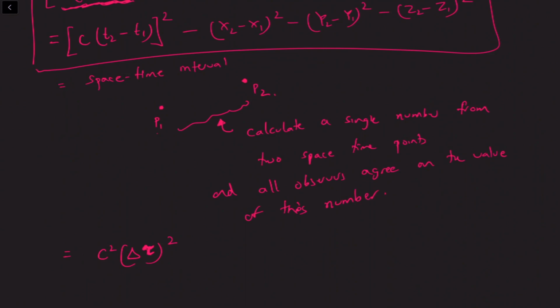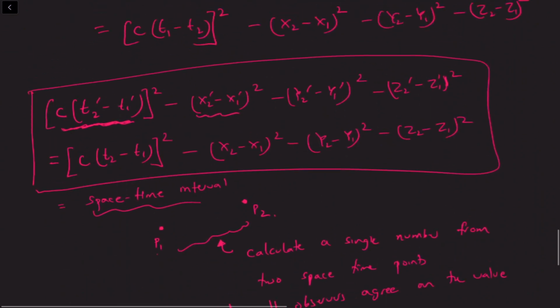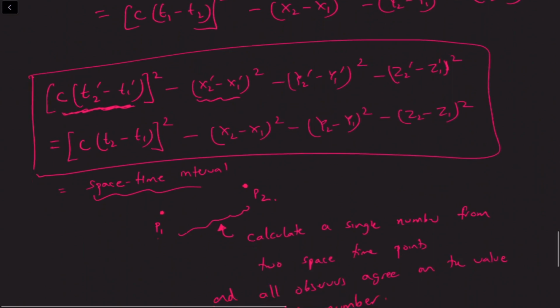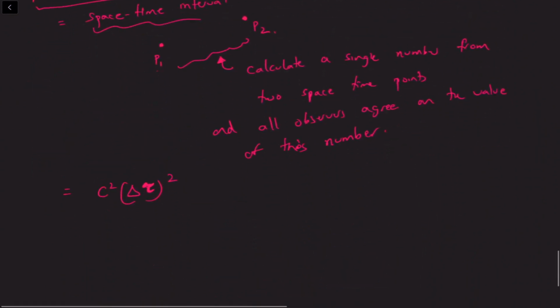If the spacetime interval is positive, then of course delta tau is a real number. However, you can see that it's possible for the spacetime interval to be both positive or negative. It doesn't have to be positive, it doesn't have to be negative. It can be either, depending on the choice of spacetime points that you make. So sometimes it's denoted in this way, as c square delta tau square.